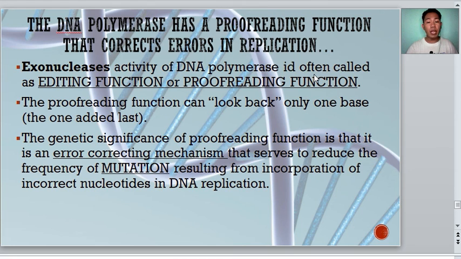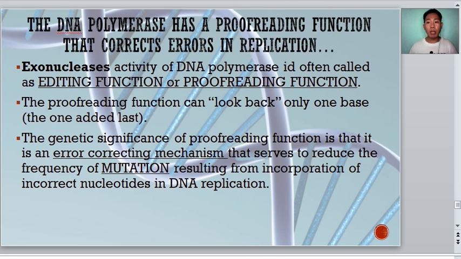The proofreading function can look back only one base, meaning the one added last. The genetic significance of proofreading is that it is an error-correcting mechanism that serves to reduce the frequency of mutation resulting from incorporation of incorrect nucleotides in DNA replication.